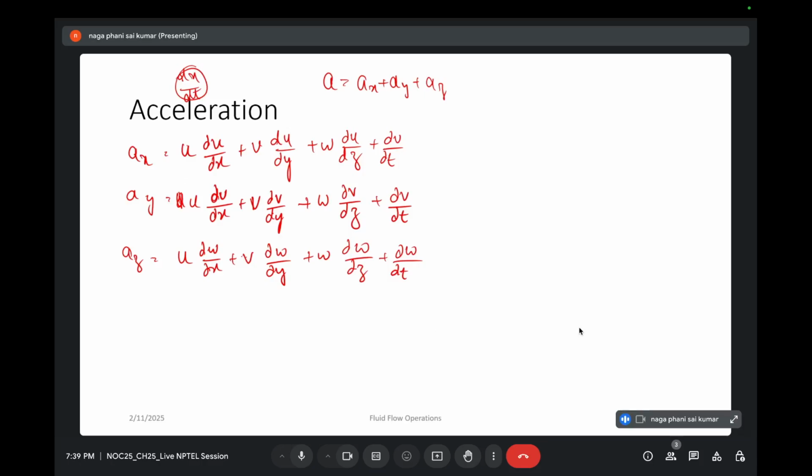Okay, so this can be simply written as a is equal to dV by dt. This d by dt can also be called the material derivative.